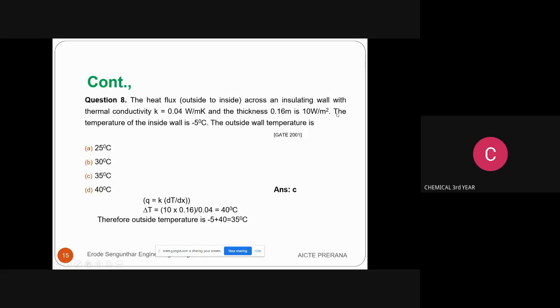The temperature of the inside wall is minus 5 degrees Celsius, and they are asking for the outside wall. Before finding the outside wall, we have to find the temperature difference, T1 minus T2. Then if we substitute the minus 5, we can find the outside temperature.